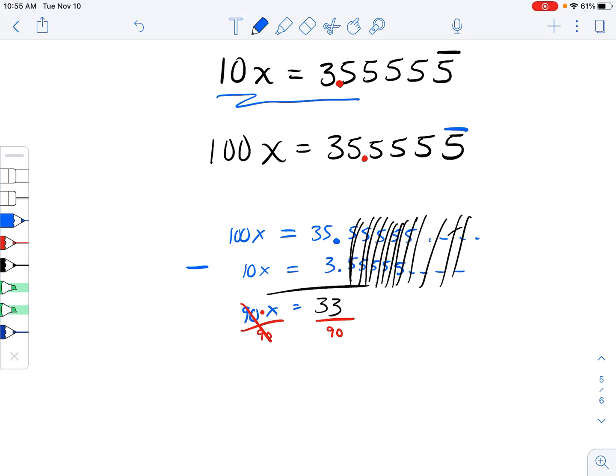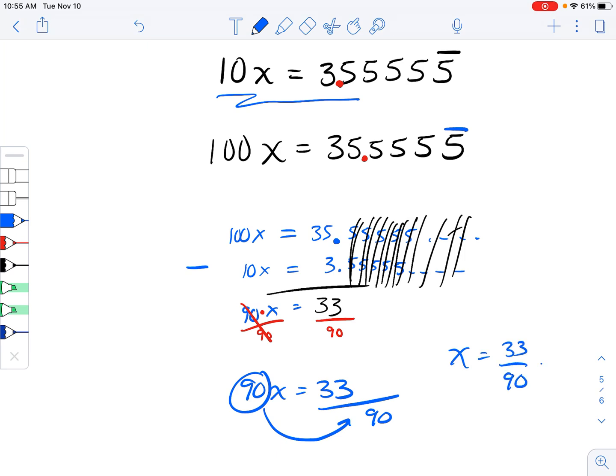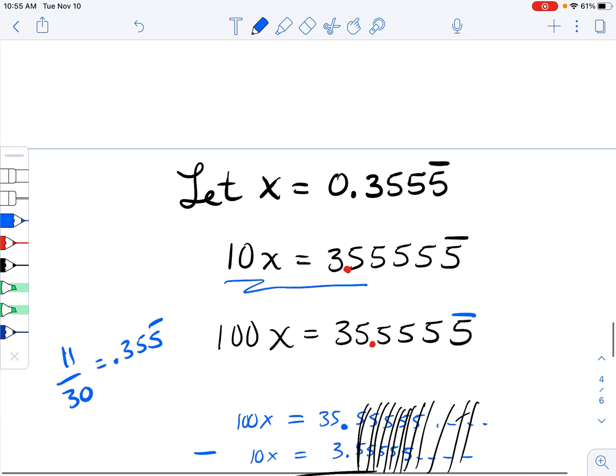If you don't understand it, just remember this: when you get 90x equals 33, you need to take this 90 and put it in the denominator over here. So x is equal to 33 90ths. Now I have to simplify that, and I'll get 11 30ths. So if you plug into your calculator 11 divided by 30, you will get 0.3555 repeating.